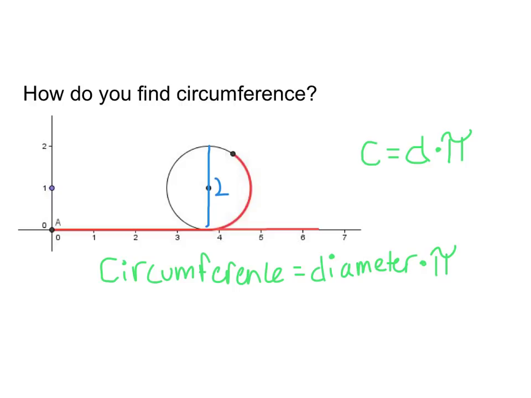Now sometimes it's useful to also be able to do this in terms of radius. And since we know that the radius of a circle is half of the diameter, then we can also think about circumference as being 2 times the radius, because that would give you the diameter, and then that amount times pi.